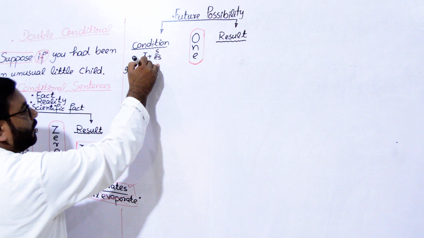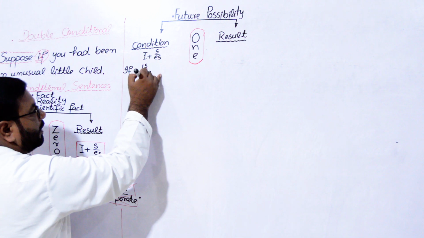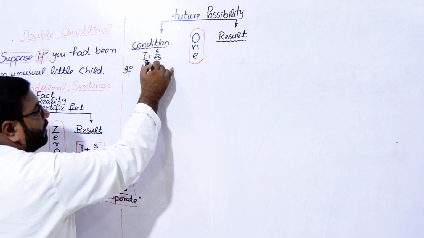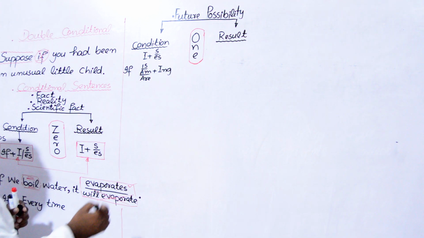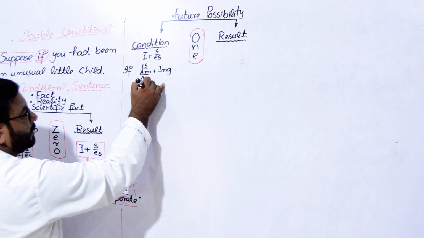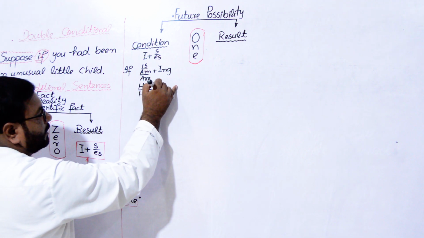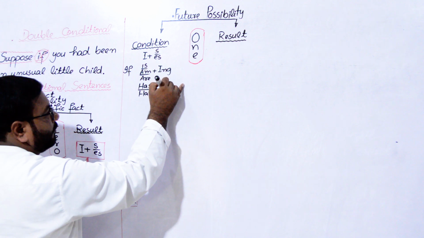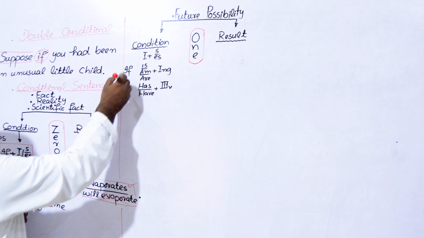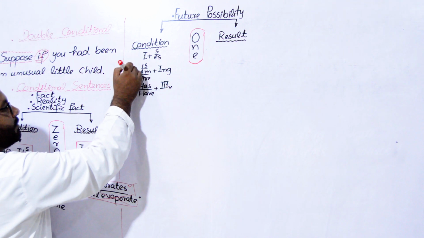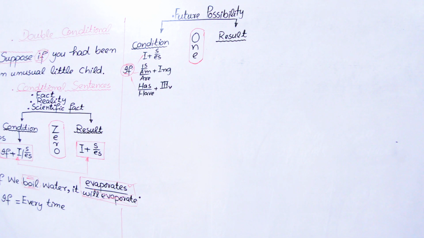It can also follow is, am, are plus an ing structure, and it can also follow has or have plus third form of verb. All of these three structures are possible in conditional 1.